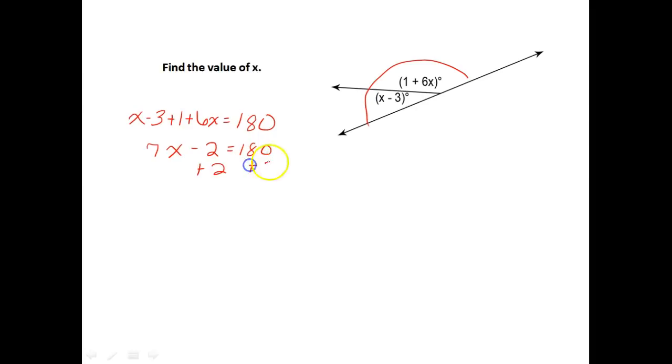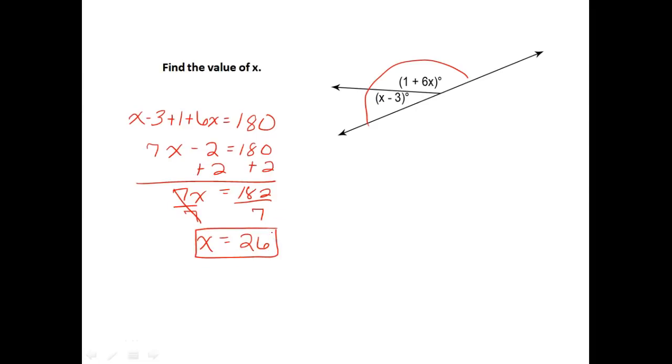Add 2 to both sides. 7x equals 182. Divide both sides by 7, and x equals 26.